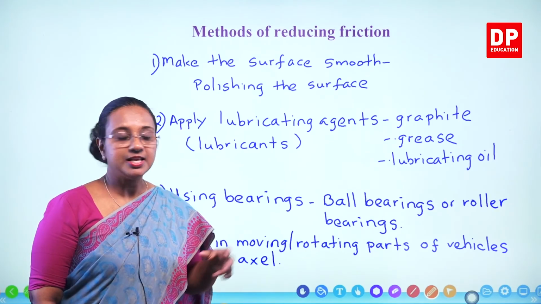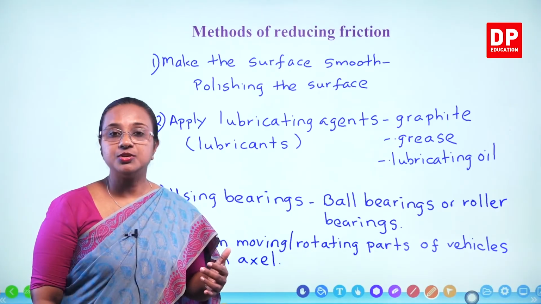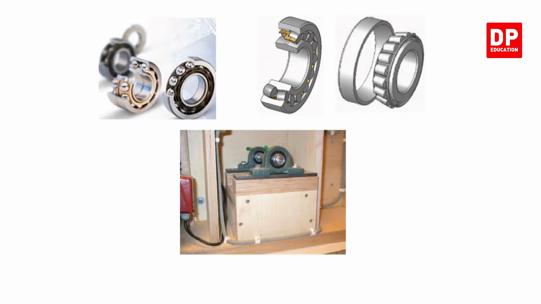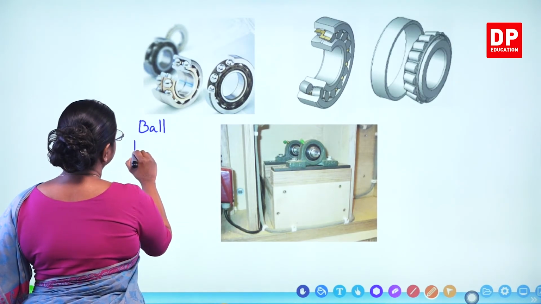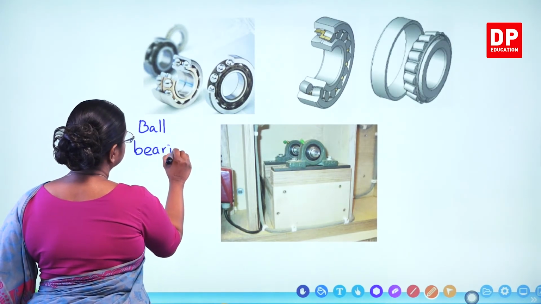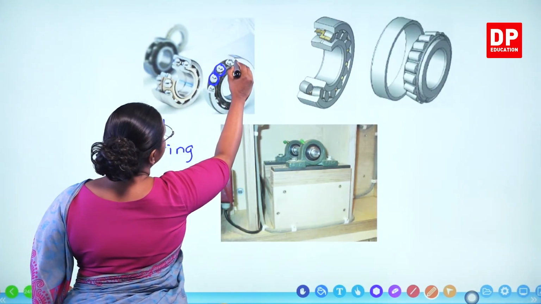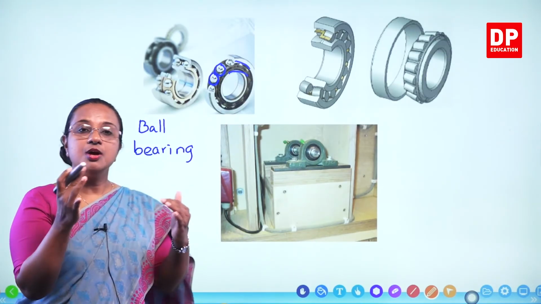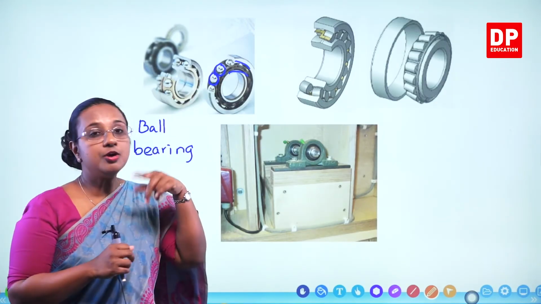So now students, let us look at these types of bearings that are used in different machines. In these pictures, you can see this is what we call a ball bearing. So here there are small balls inserted between. This is one surface, this is another surface which are moving relative to each other, and inside there are balls.